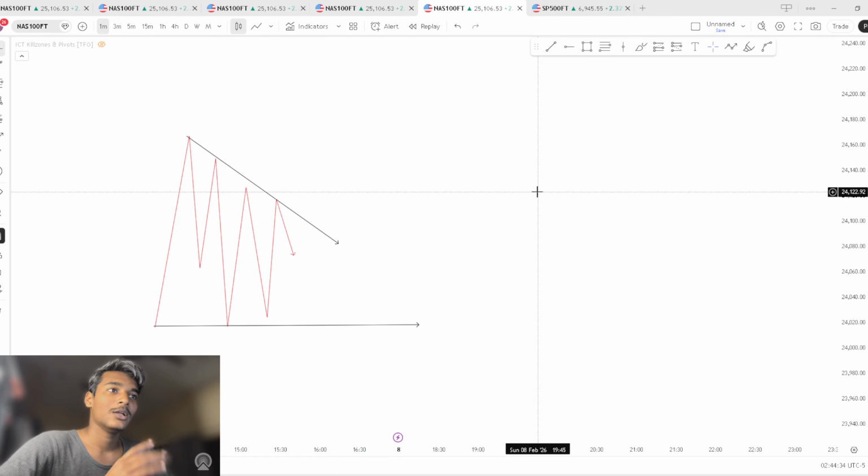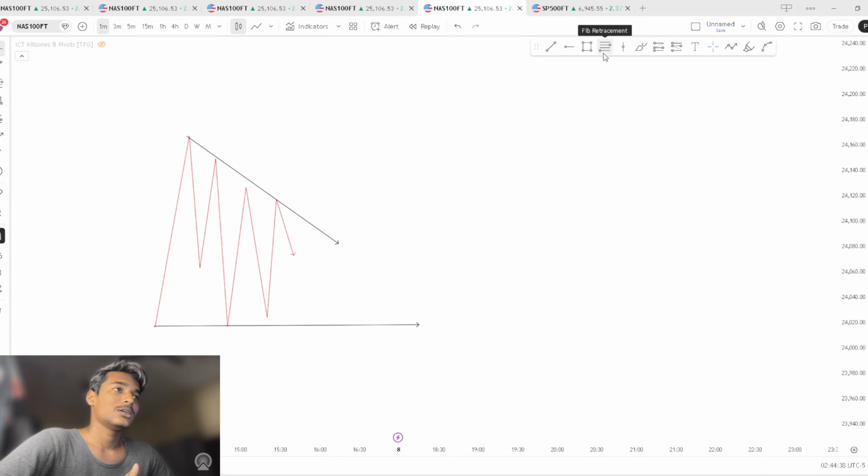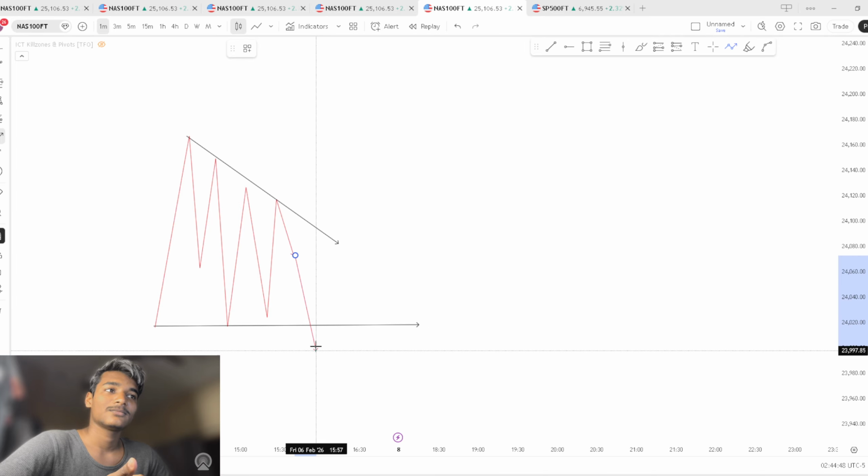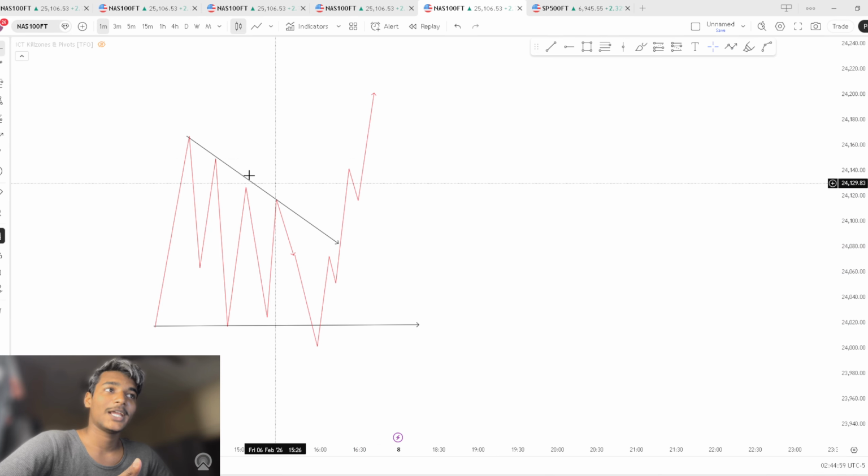So how to actually use it? If the market did something like this, it sweeps the sell sides first, which is the relative equal lows, and then the market will do something like this. It will take out all the low resistance liquidity.